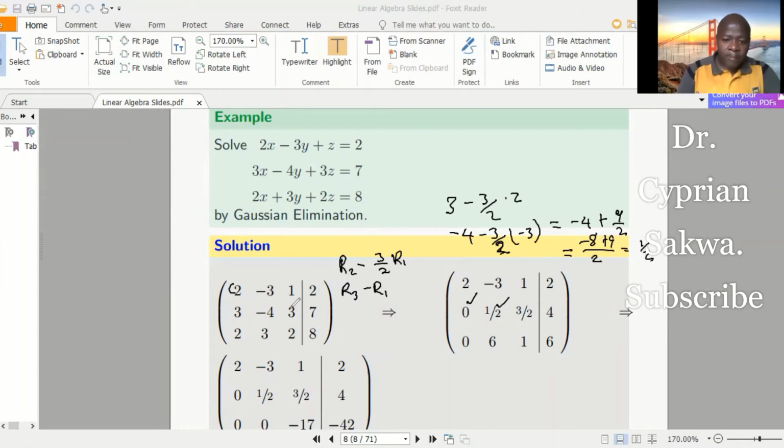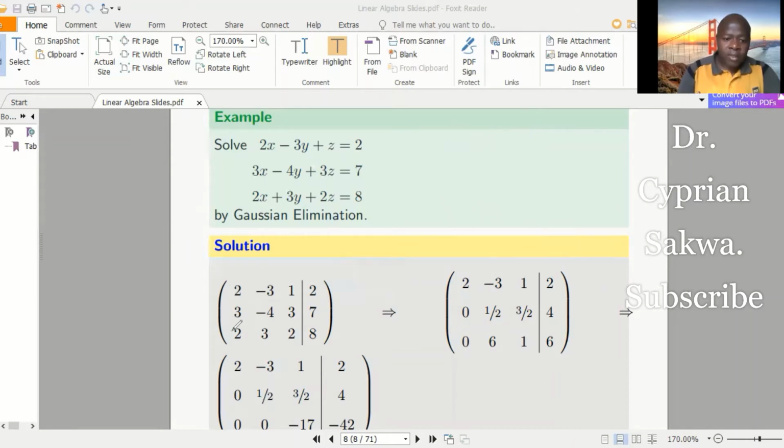And then I have this 3 minus 3 out of 2 of 1. And see, this will give us 6 minus 3 out of 2, which will be 3 out of 2. Doing the same to these two elements gives me 4 here.